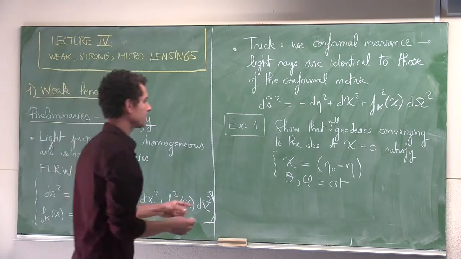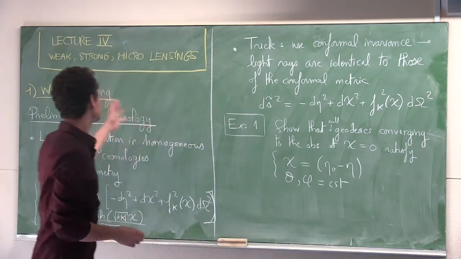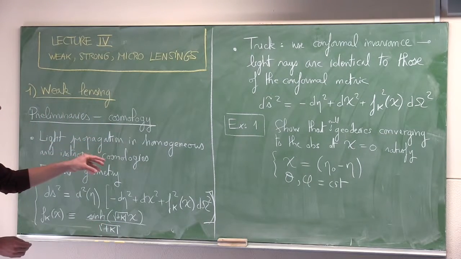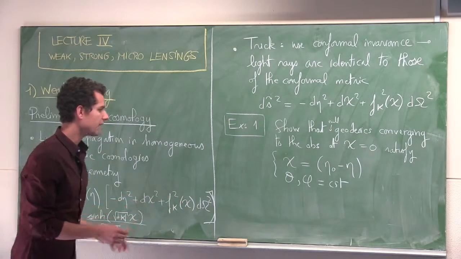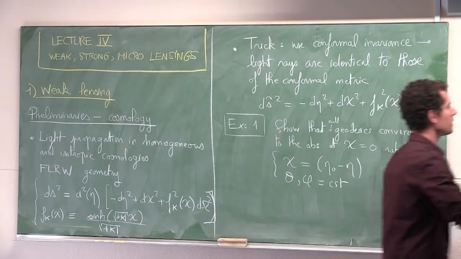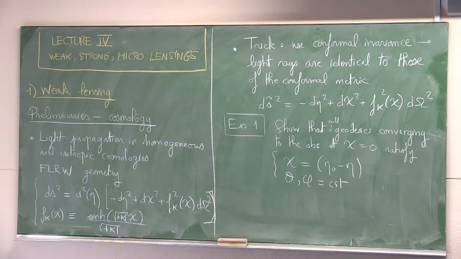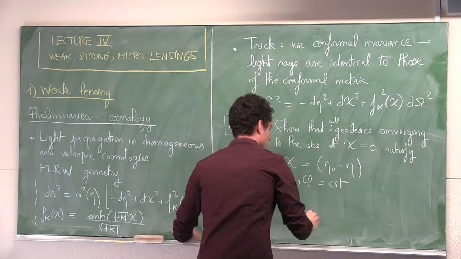So in terms of those coordinates centered on chi equals 0, they are propagating as straight lines in terms of those coordinates.